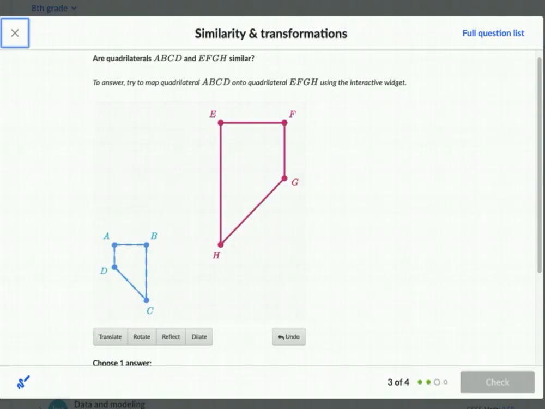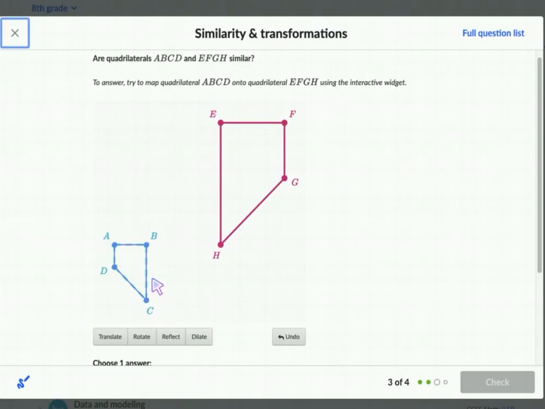All right, here is a third example, and I'm going to actually show you how to use the dilate. I didn't really use it on the other two. Here's a great example of why checking with the dilate tool will actually help you.